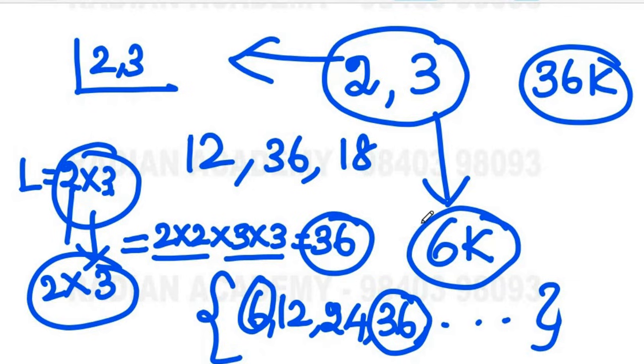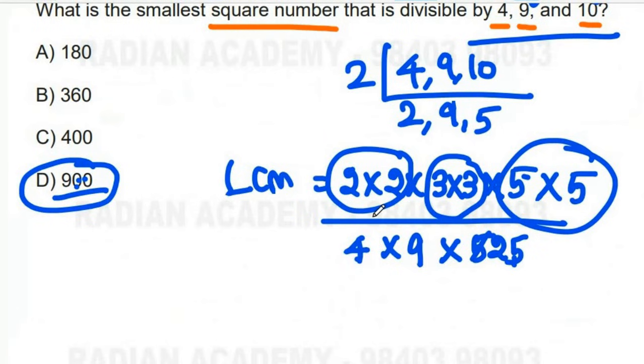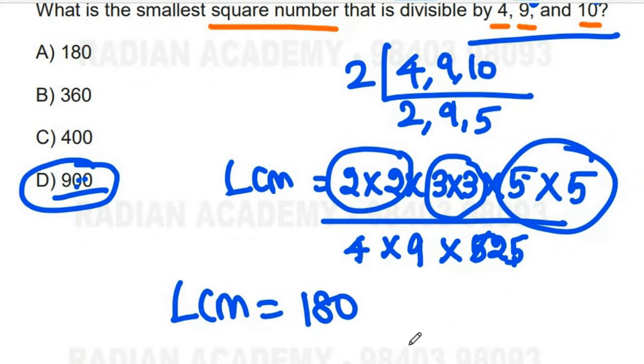Otherwise, you multiply the LCM by the smallest number such that the LCM into that number becomes a perfect square. So for the last question, I am getting the LCM as 4 into 9 into 5, that is 180. So the answer is 180k.